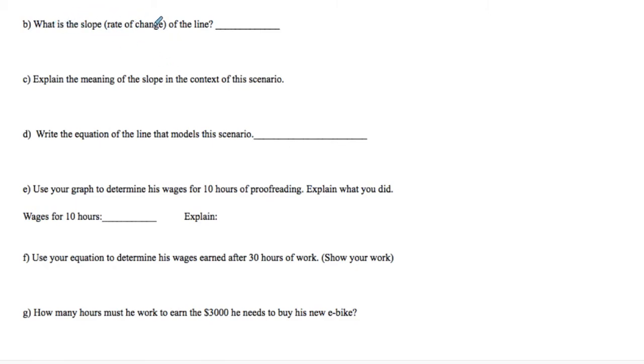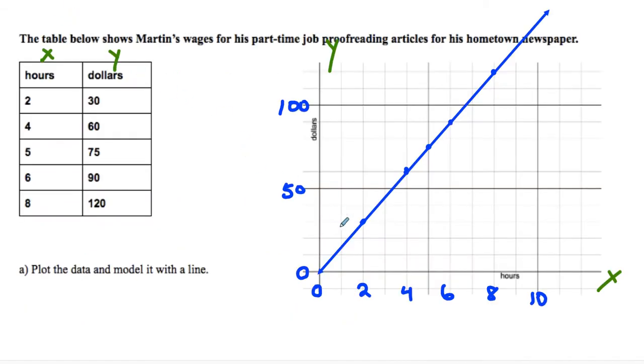What is the slope or rate of change of the line? Let's go back and see. It's tempting to say that it's up 3 and over 2. But we have to keep in mind that my scale here is counting by tens. So really this is increasing 30, and this is indeed a value of 2.